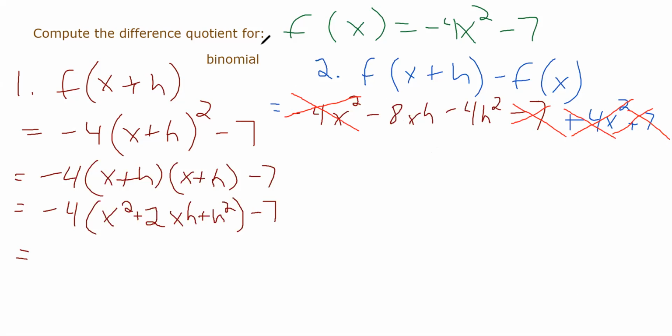And now all you're left with is negative 8xh minus 4h squared.